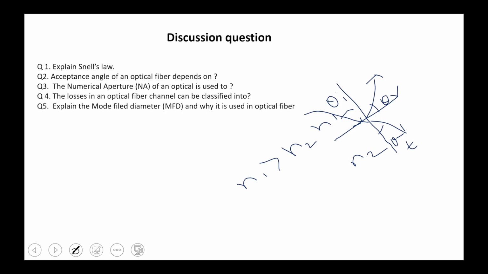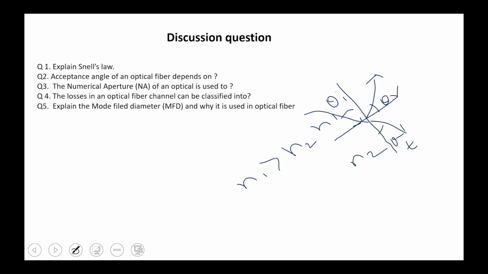The speed of light changes with respect to refractive index. If the refractive index is more, then the speed of the light will decrease, so then refraction will happen. Can anyone tell me what is the condition for total internal reflection?